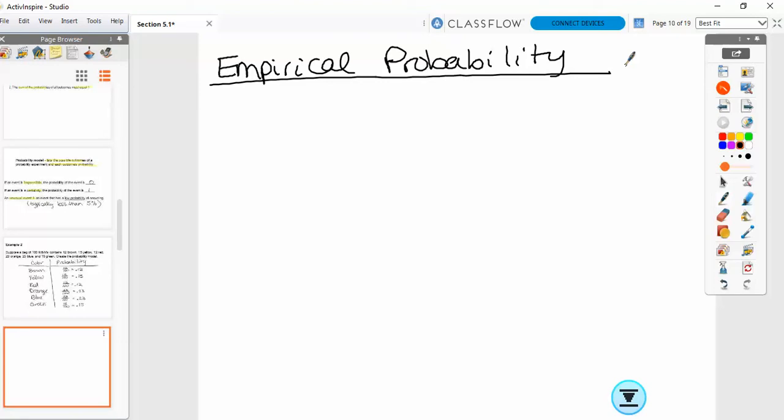Okay, so an empirical probability. If you look at your formula sheet, it says empirical probability is the frequency divided by the number of trials. That's what we just did. So empirical probability is based off a specific situation.